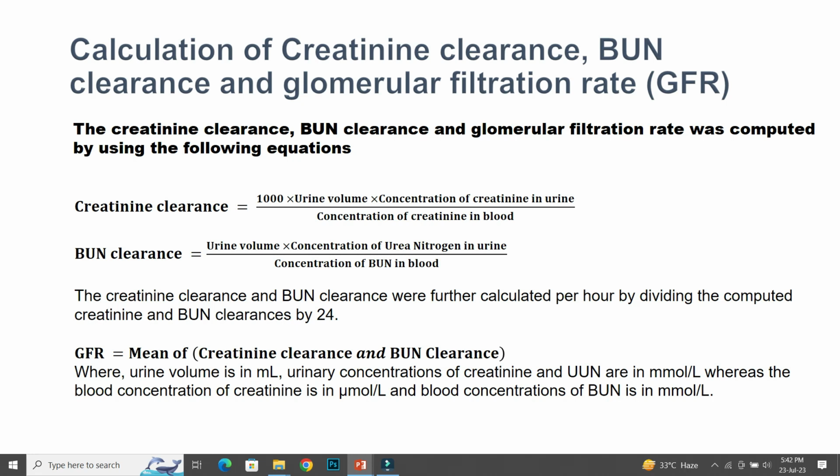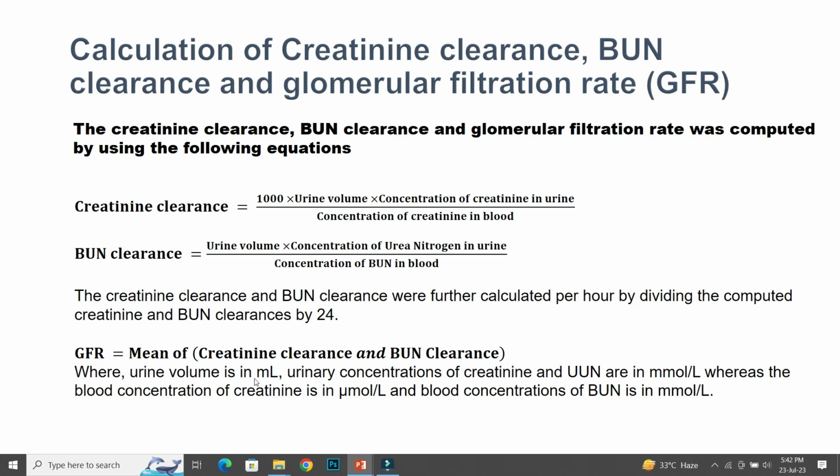So we have to divide this whole volume by 24. Lastly we will calculate GFR, from creatinine clearance and BUN clearance, and we will get the estimated GFR.